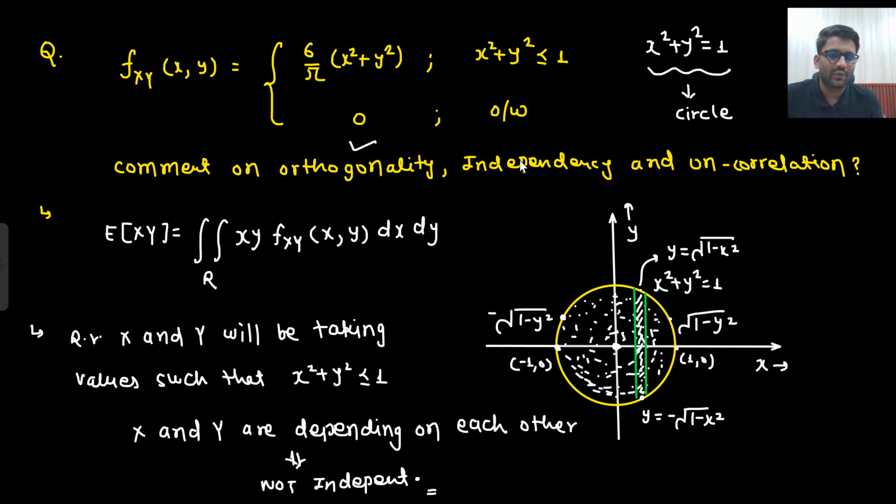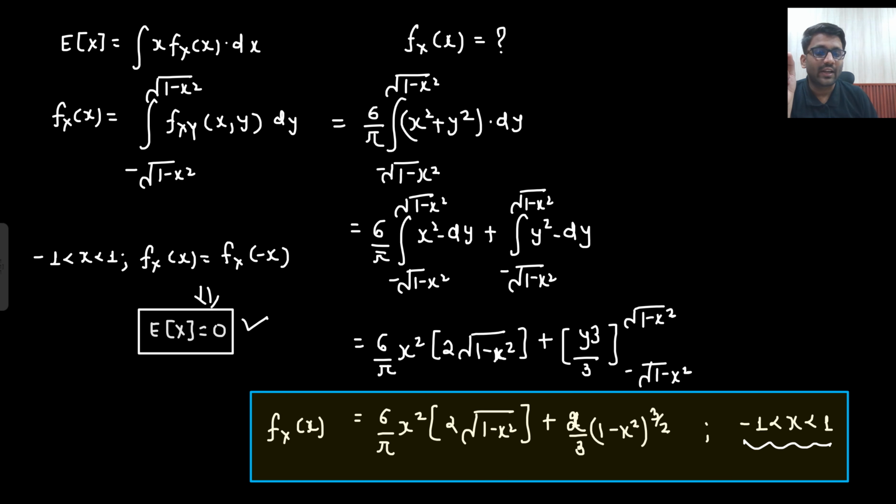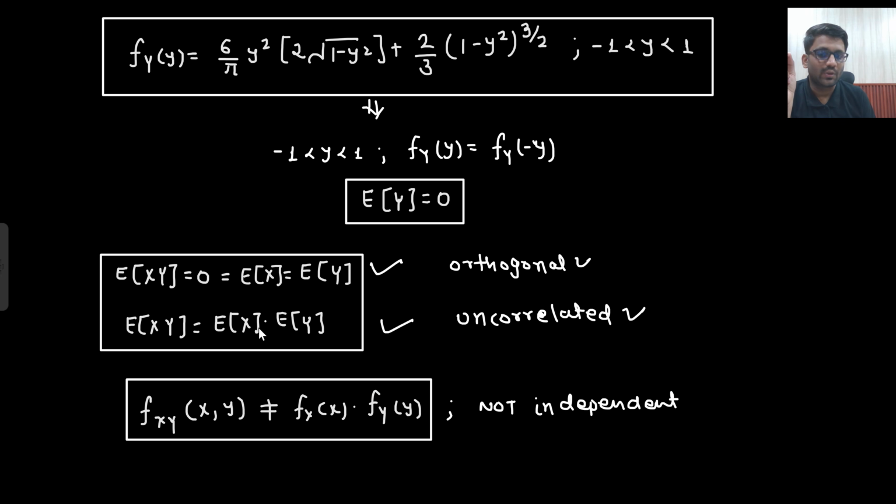Right? So we have seen this case where orthogonality is there, uncorrelation is there, but independency is not there. Although expectation of xy is equal to expectation of x times expectation of y, independency is much more than that. Independency will say that along with expectation of xy being equal to expectation of x times expectation of y, I will be expecting the joint density to factor as well. If this is done, then my job is done. If this particular thing was there, then it was independent as well.